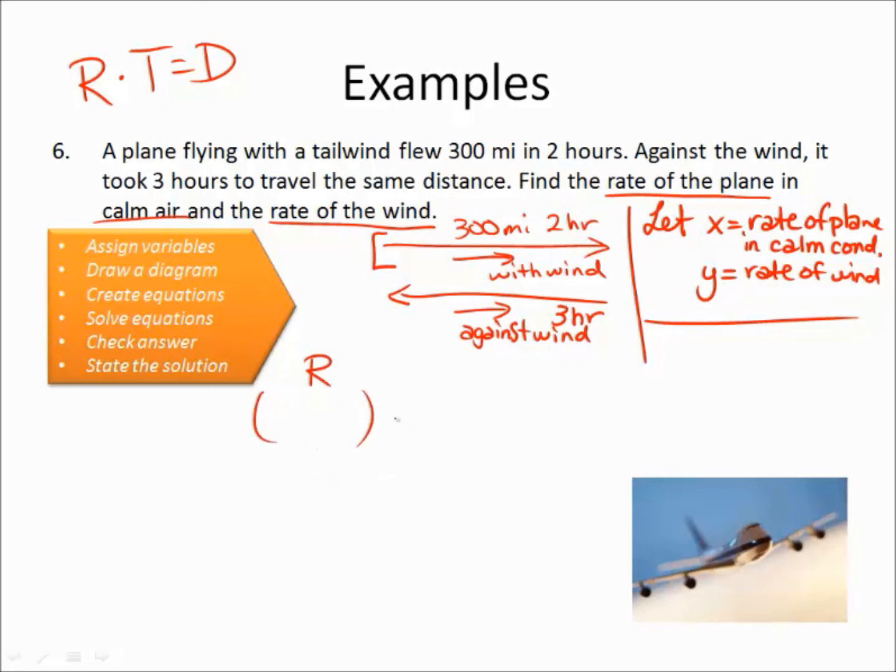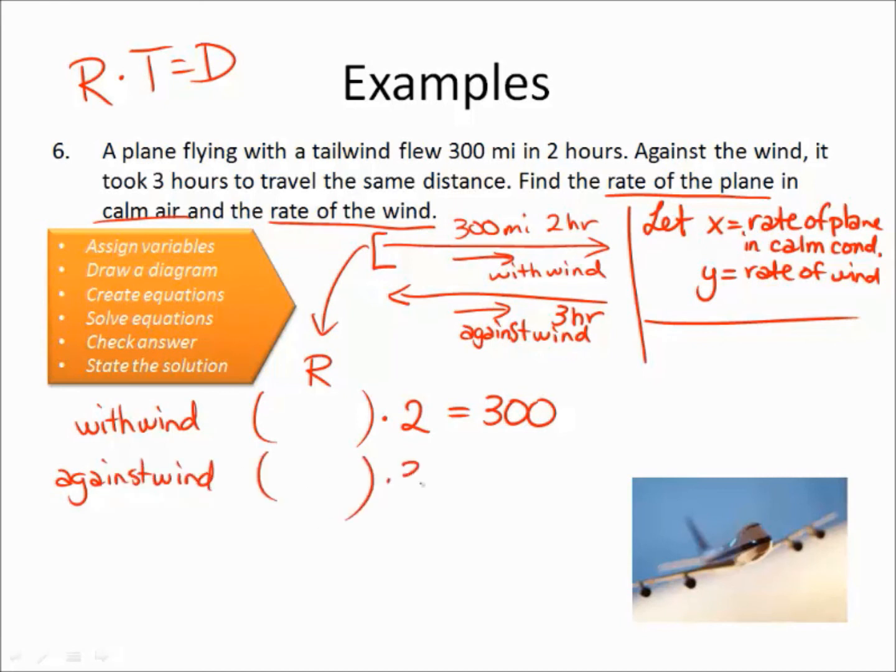We're going to figure out our rate. We're going to multiply by 2 hours to get 300 miles, and this will be going with the wind. So that's our first picture. Our second picture is going against the wind. We need to figure out a rate, multiply it by 3 hours to get 300 miles.